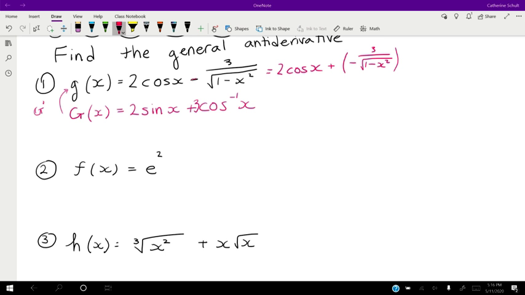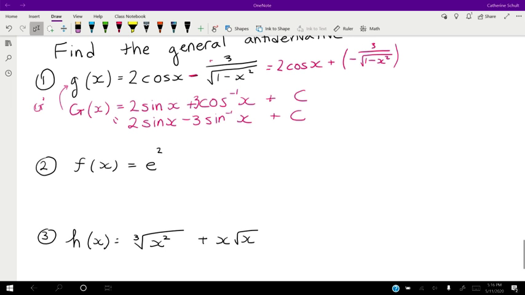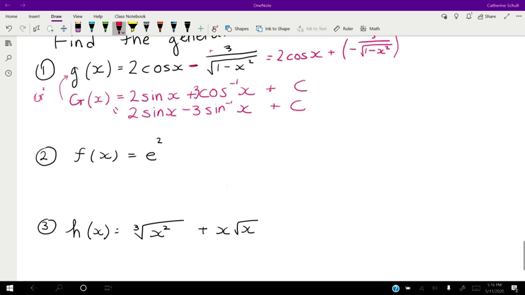If we want to think of this as subtracting a positive 1 over square root of 1 minus x squared, well, then the function that has that derivative is the inverse sine. So either one of these is going to be correct. It's just how you view it. And then how do we make it general? We add c. So these two are both correct answers, because it just depends on how you're viewing it.